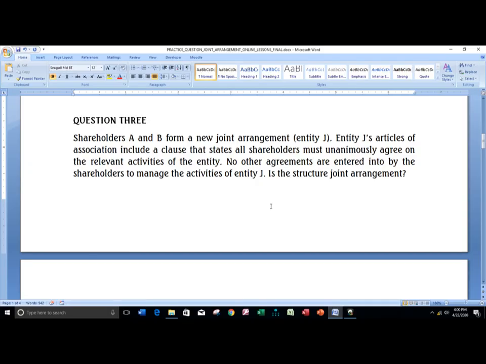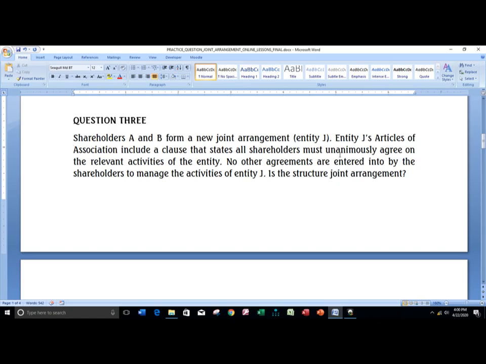Question three goes thus. Shareholders A and B form a new joint arrangement J. The entity J's articles of association include a clause that states that all shareholders must unanimously agree.